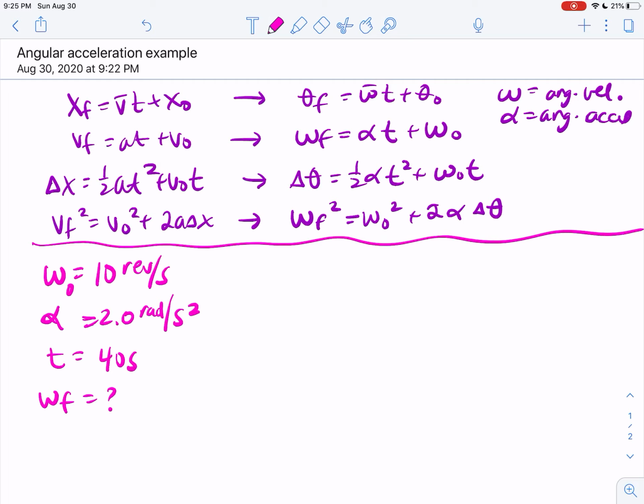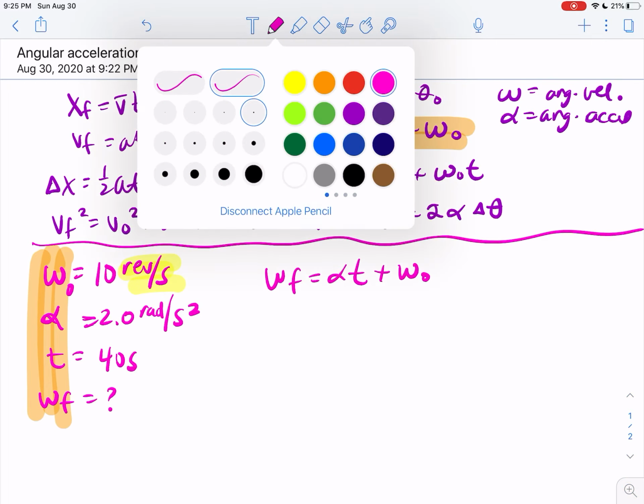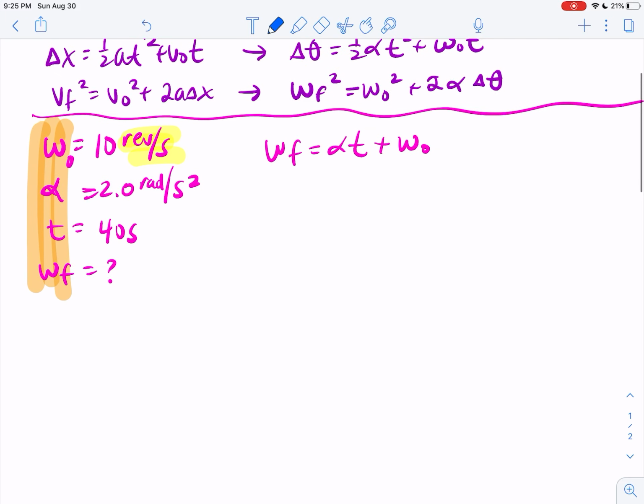Let's see. All right, so basically just like in the other ones, you're trying to look at what variables you have and then picking out the equation where you have all the right stuff. And that's literally all you're going to do, just like you did with the regular kinematics equations. Now, the only trick here is you need to look at these units. Revolutions per second is not all right, because radians is like meters.